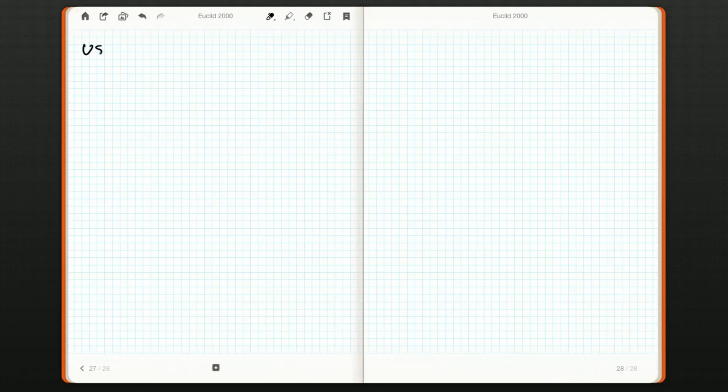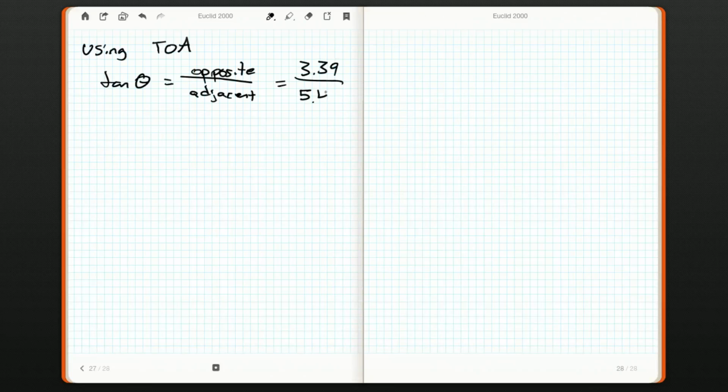But using the Toa, we know that tangent theta is going to be opposite over adjacent, and that's 3.39 over 5.43. So let's work out what that is. 3.39 divided by 5.43.